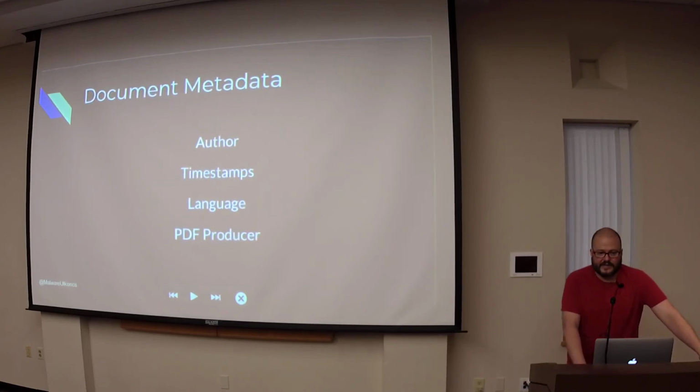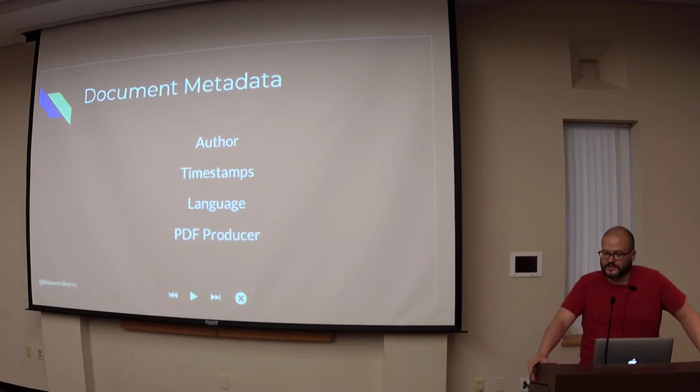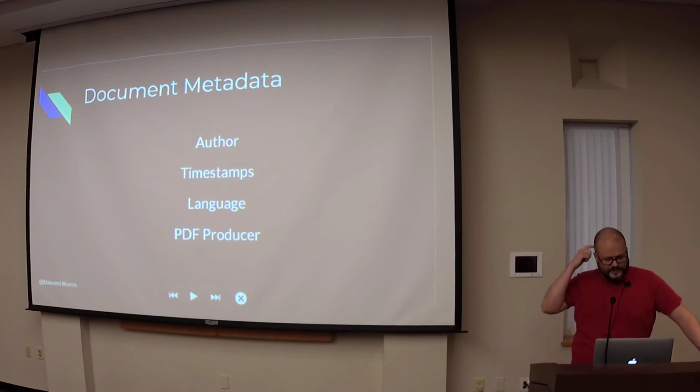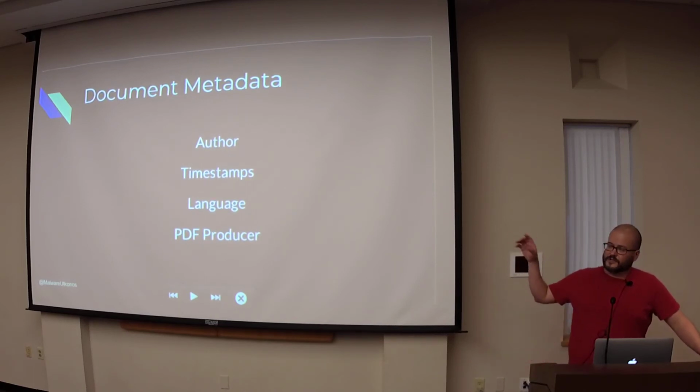And then when you leave the land of executables and you're talking about documents, documents have their own special sets of metadata that you can extract using static analysis. Your mileage may vary on different data points there, but some of my favorites are author.